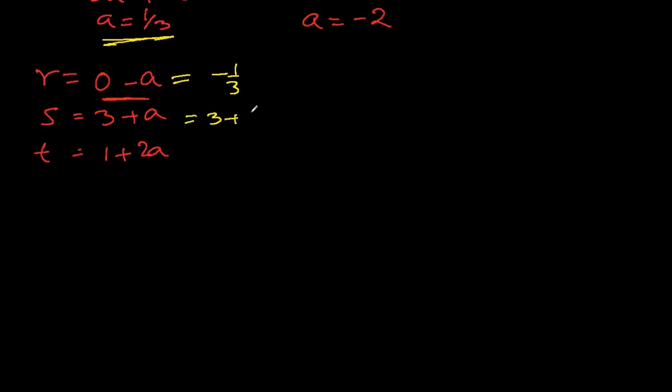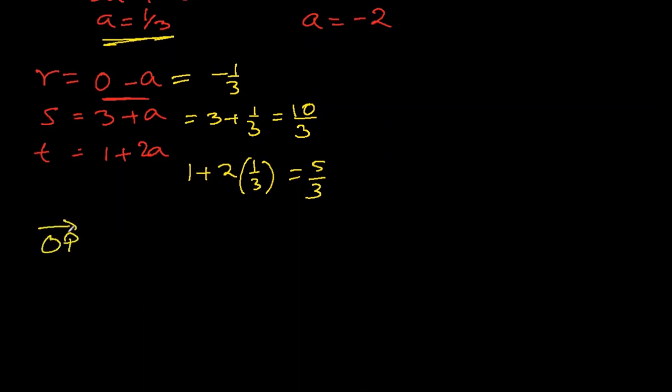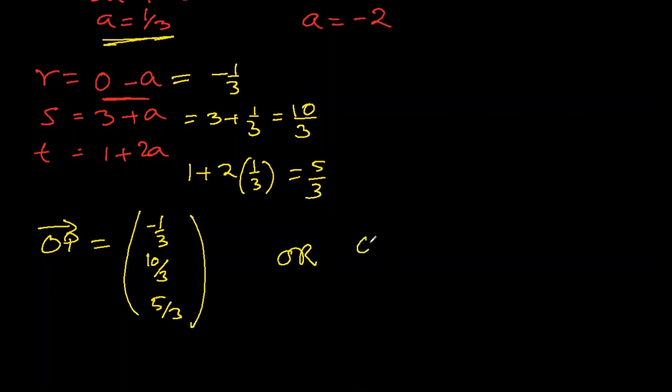If I do it here, it will be 3 plus positive 1/3. That will be 10 over 3. Third one will be 1 plus 2 times 1/3. 1 plus 2/3 will be 5 over 3. So the first possible position vector of OP is minus 1/3, 10 over 3 and 5 over 3.